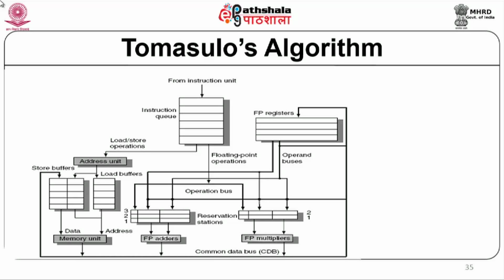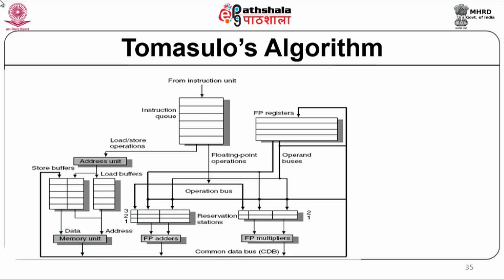So, if both of them are writing into register F6, when the first instruction is issued, the register result status will say that that instruction has to write into F6. When a subsequent instruction is issued and that is also going to write into F6, then that entry will be modified in your register result status, and it will say that this later instruction will have to write into F6. So, that is how WAW hazards are handled.